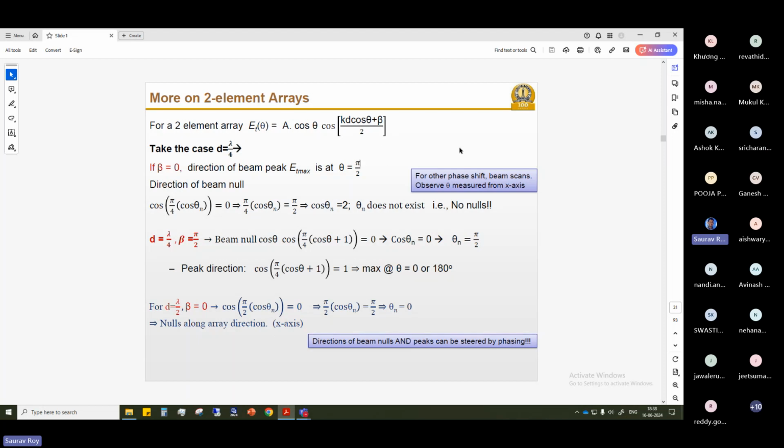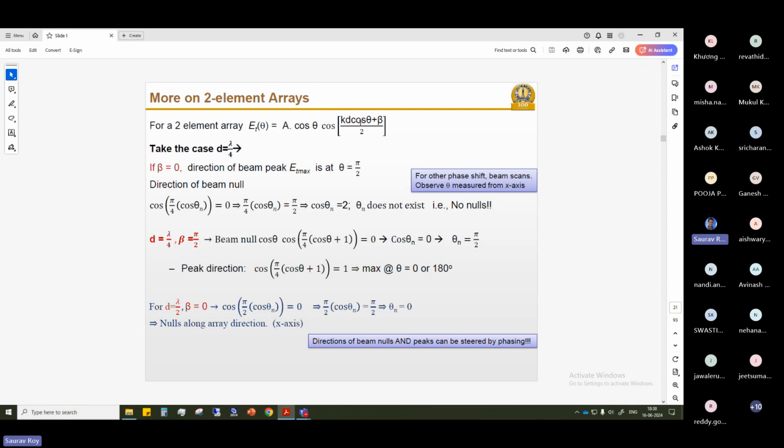So it becomes n pi. This in-between term, kd cos theta plus beta by 2, has to equal n pi, right? If you take the minimum condition, when it becomes 0, that will not give you anything when beta is also 0, since cos theta would be 0, so that does not happen. So you have to go to a higher term, plus or minus pi.